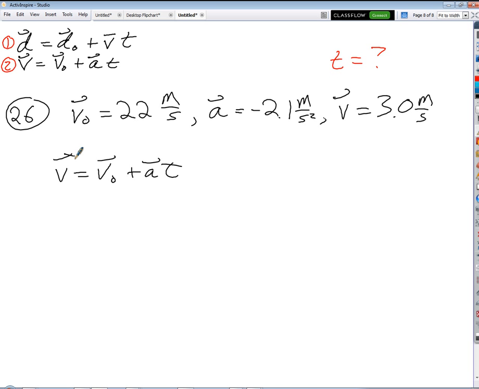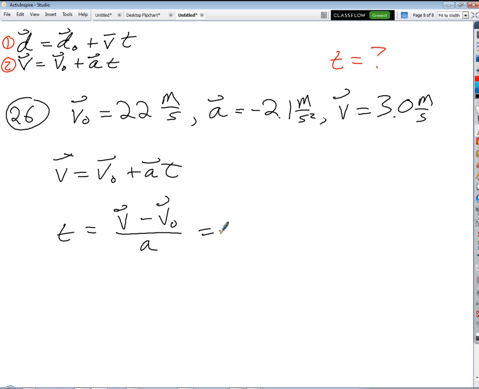Okay, subtract V naught and then divide by A, right? So if we do that, would you agree we're gonna get T by itself. On the other side, we have V minus V naught, all divided by A. We're dividing the whole side by A, and that's what we get, right? So now we can just plug and chug. So what do we get if we plug and chug?